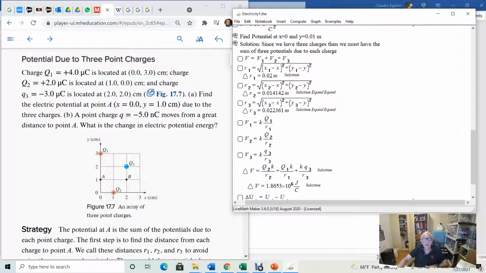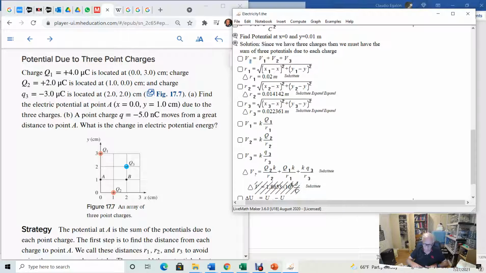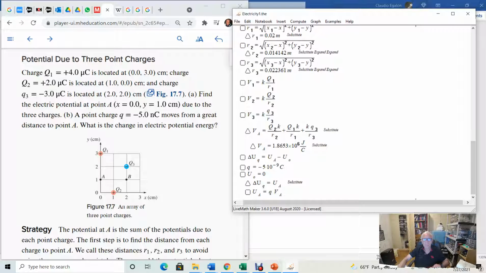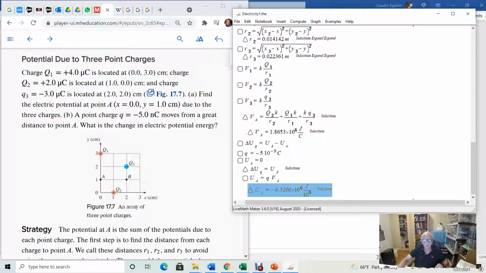Would have been better if I had put here V at point A. So I'm going to make it V at point A. I have the value. What about Q? We got to write down the value of Q, right? Q is going to be a negative 5 times 10 to minus 9 coulomb. Here you go. We do that.